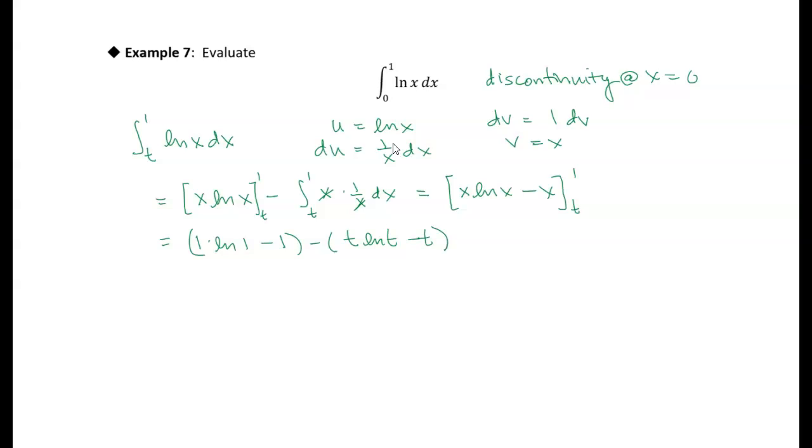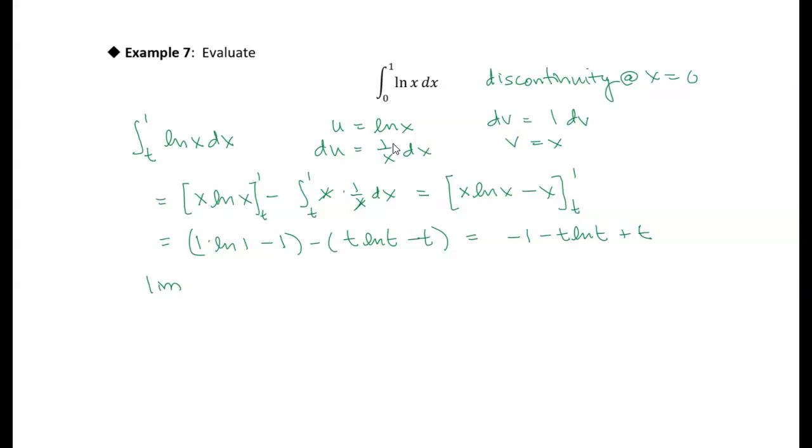Let's simplify that a little bit. Natural log of 1, that's just 0. So we end up with minus 1 minus t natural log of t plus t, just by distributing that minus sign. Now we want to do the limit.